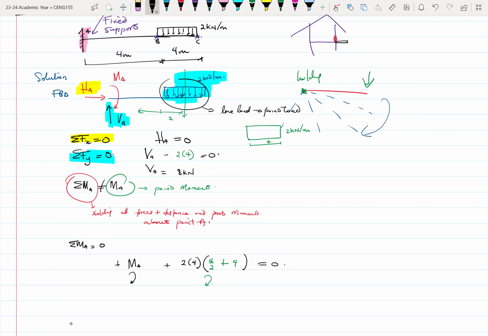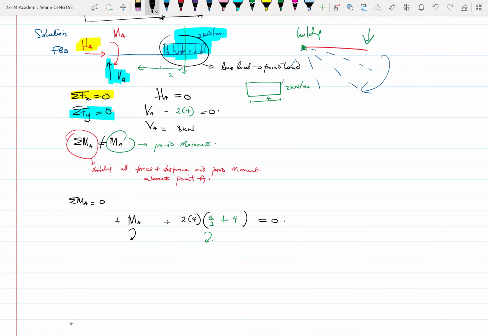So in that case, my MA will be equal to negative 2 times 4 times, this is going to be 6. So this will be negative 48 kilonewton meter.